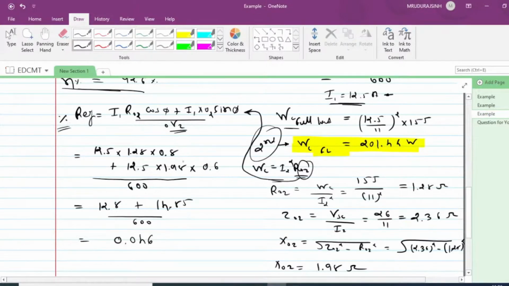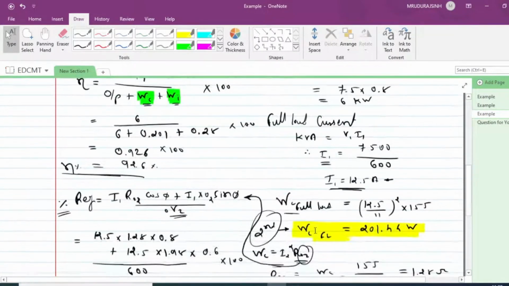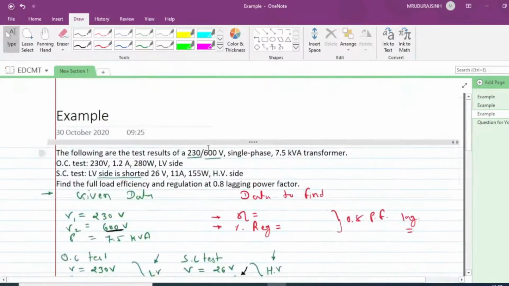As it is percentage regulation, we need to multiply it by 100, and when we do this we get percentage regulation as 4.6%. So this is how we can calculate the percentage regulation, right? So we know the percentage regulation and the efficiency. So this is how we can solve this example, right?